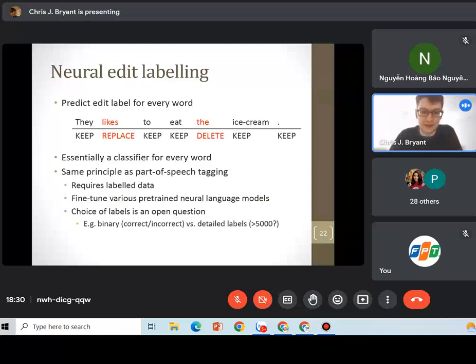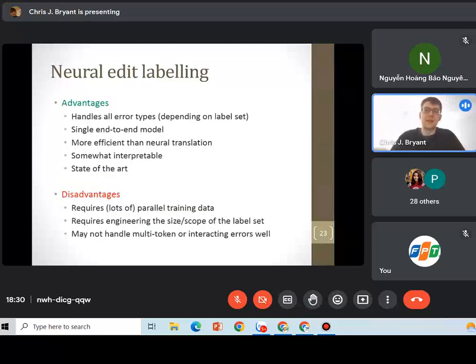One of the advantages is that you can handle all error types if you provide the labels to do it. And because it's a neural model, it's a single end-to-end model. So you just input all the data and the neural model will learn how to handle it.